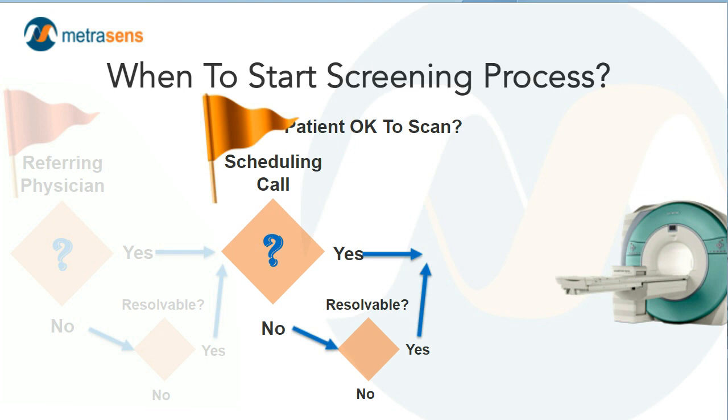If it involves some kind of long literature search or looking up MR conditional information from an implant vendor or some third-party resource, knowing what is involved in that and whether that information can be collected on the day of the study is really important. Otherwise, we're setting ourselves up for failure by sending patients for whom there are unresolvable questions. So resolve them or collect the information that allows them to be resolved at the time of scheduling.